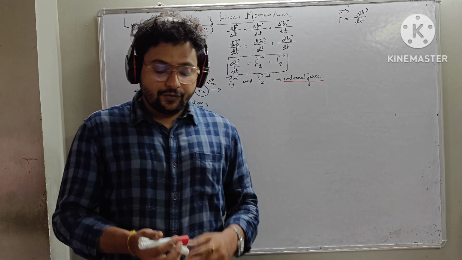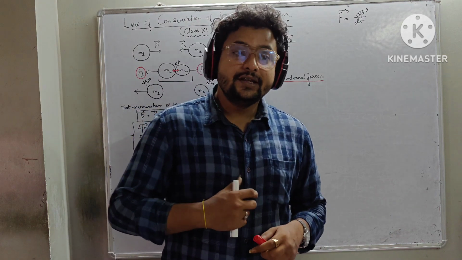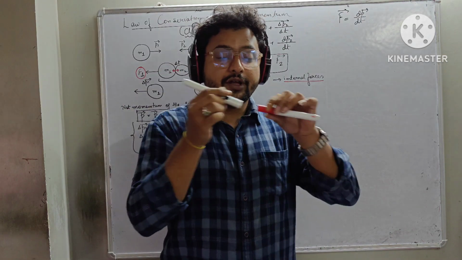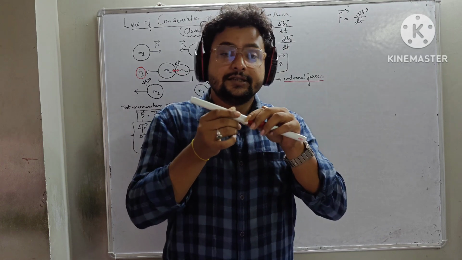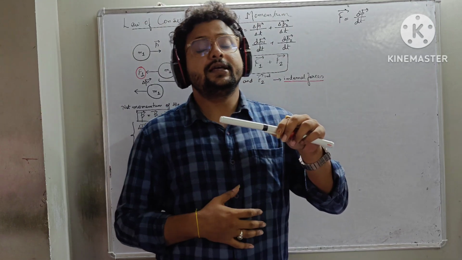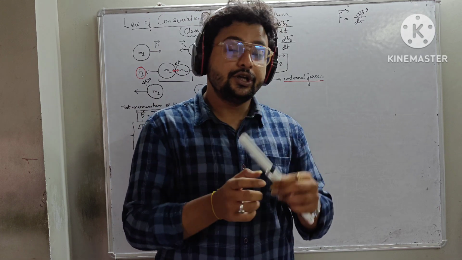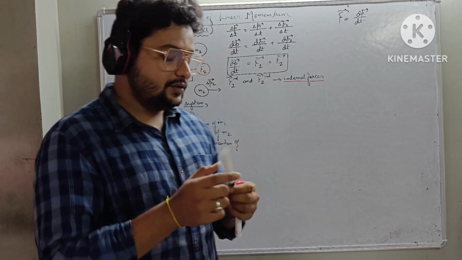Apart from these internal forces, suppose I have given some external force also. When the bodies were colliding with each other and exerting forces on each other, suppose from outside also I have given a certain force to both the bodies. Those two are known as the external forces.